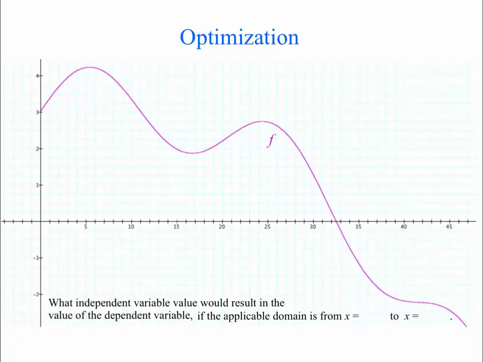So here we go. We have this function f. I want to know what independent variable value would result in the best, and we'll start with max. Here the best is the max, when the applicable domain is 0 to 30.